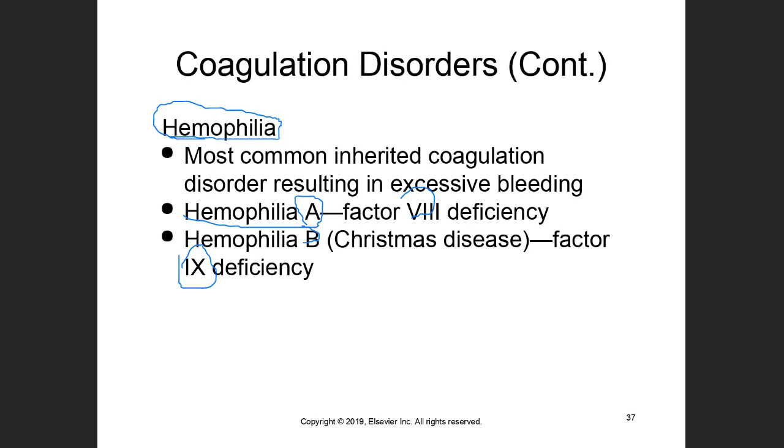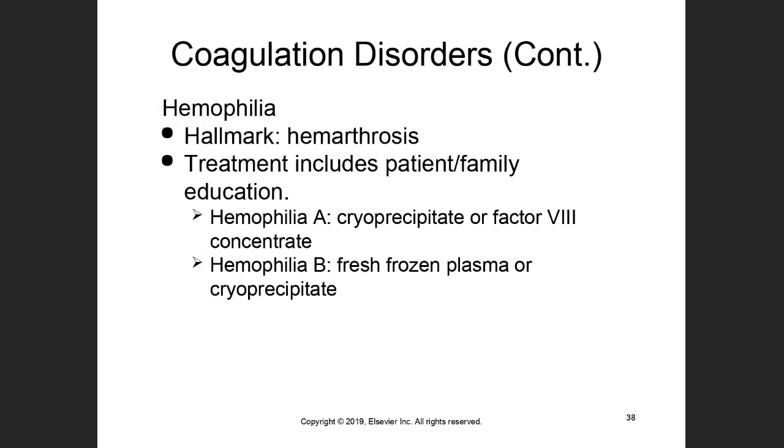Okay, and hemophilia C, factor 11. Hemophilia, hemarthrosis, that's basically the harm. What is hemarthrosis? Does somebody know what hemarthrosis means? No? Okay, it's easy. Hemarthrosis is bleeding in the articulation.